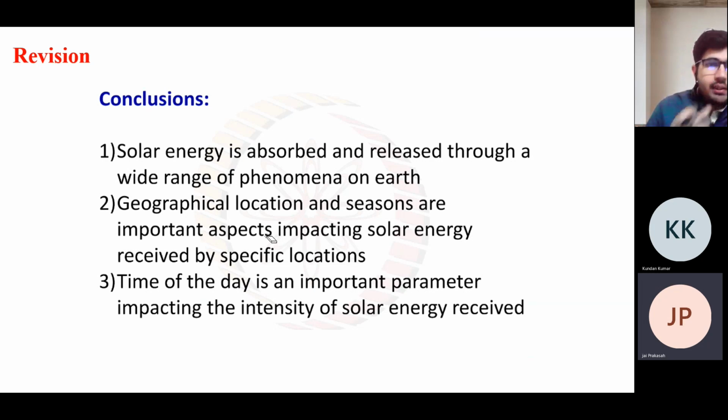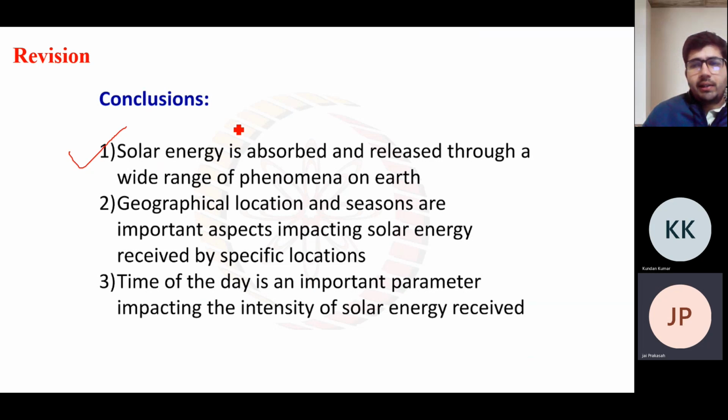The first one is: solar energy is absorbed and released through a wide range of phenomena on Earth. Yeah, it's correct.